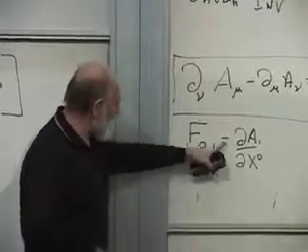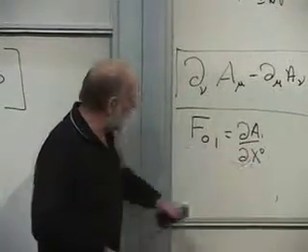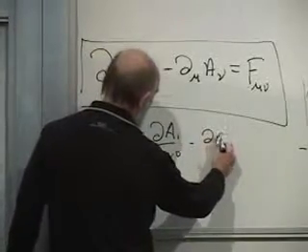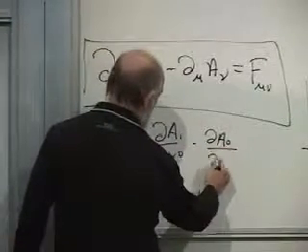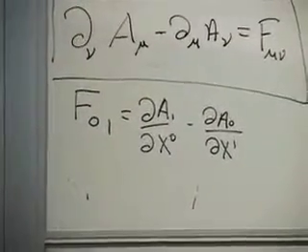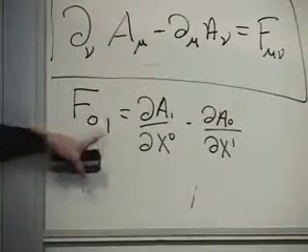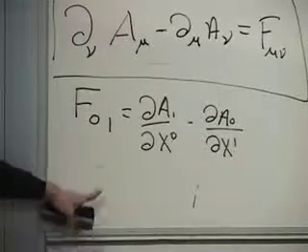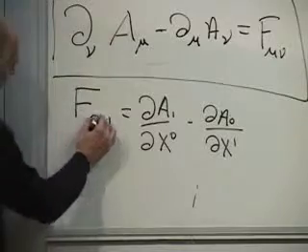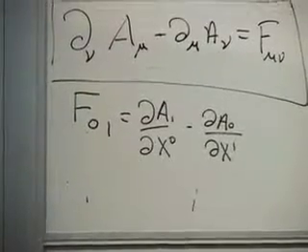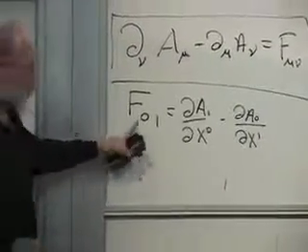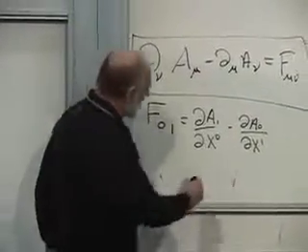So F01 would be the derivative of A1 with respect to x0 minus the derivative of A0 with respect to x1. Same thing if I replace 1 by 2 and 3. So there are 3 components of the form F0x, y, or z. Those 3 components form the electric field. This is E1.